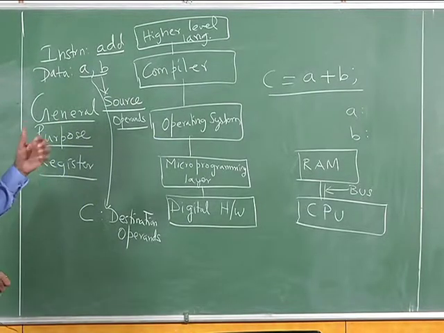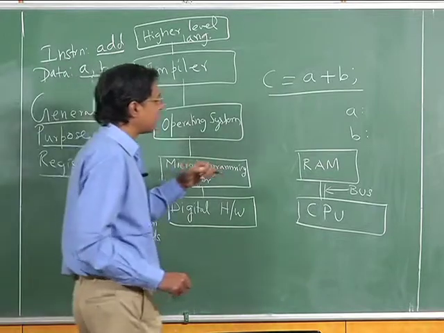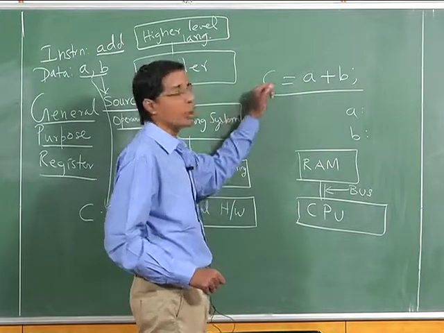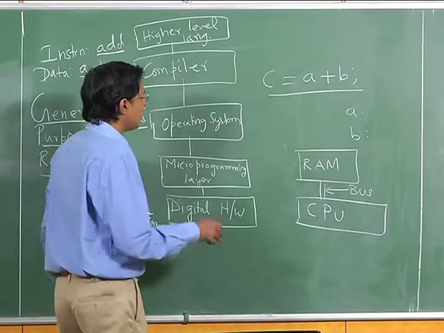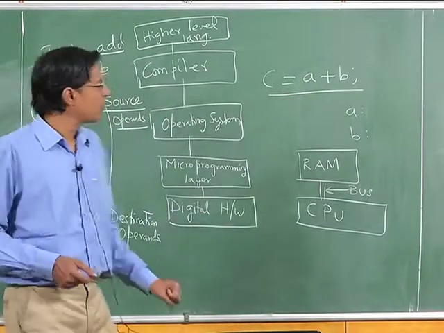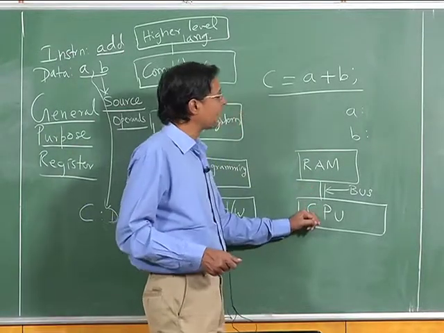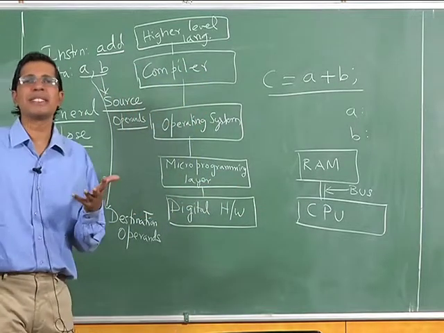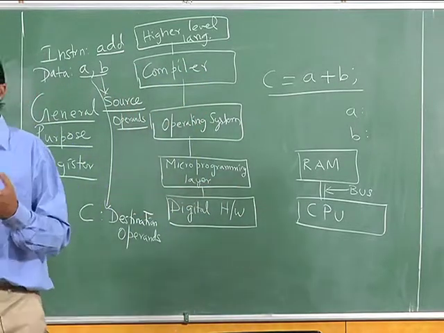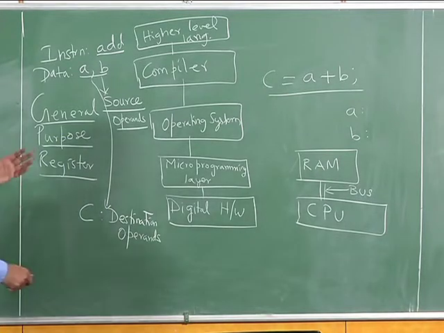Now they have to be fetched from the memory and executed by the CPU, and the result should be stored back into the memory. From the memory they are fetched into the CPU, meaning they are stored in some temporary storage inside the CPU, and this temporary storage is what we call registers.